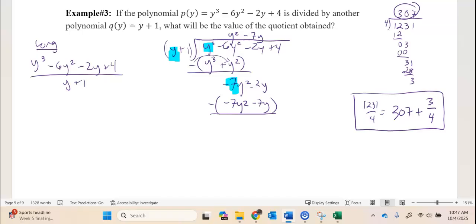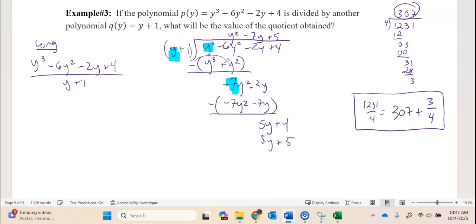Negative 7y squared minus negative 7y squared is 0. Negative 2y minus negative 7y ends up being a plus. Negative 2y plus 7y is 5y. Bring down the 4. How many times does y go into 5y? 5 times. 5 times y plus 1.